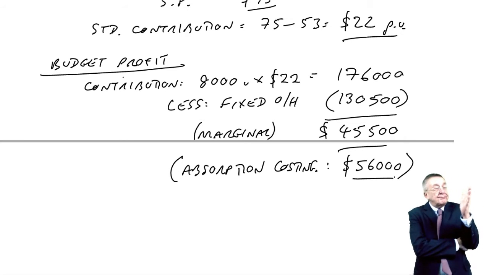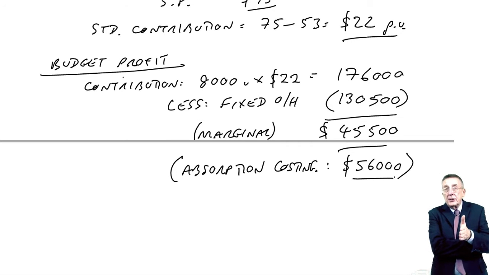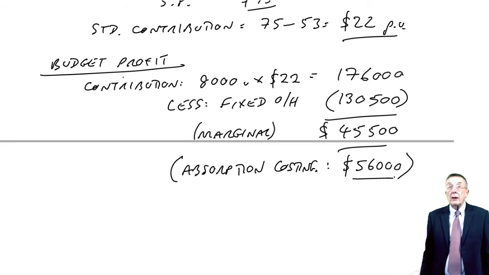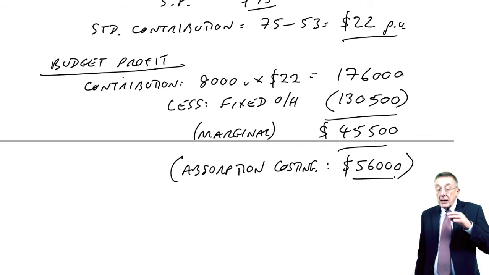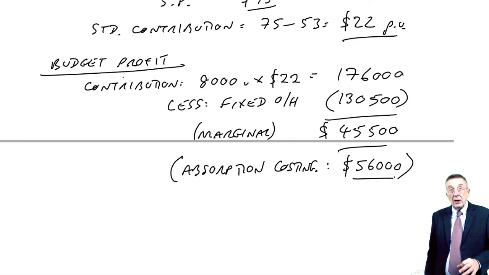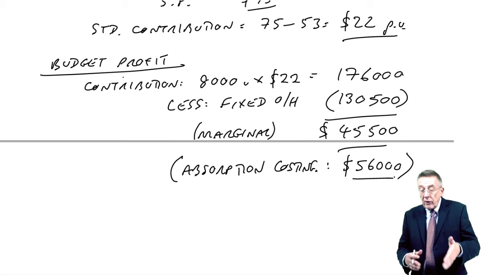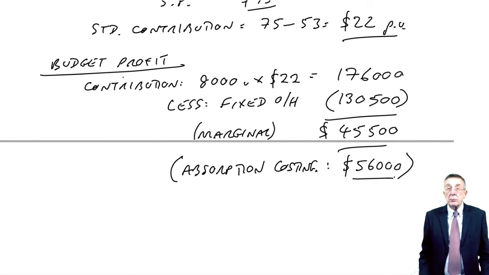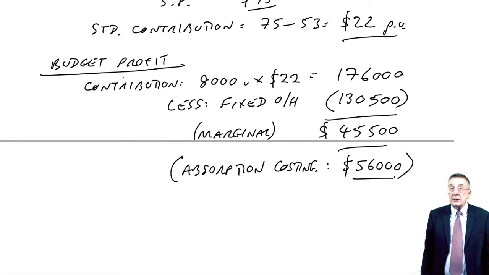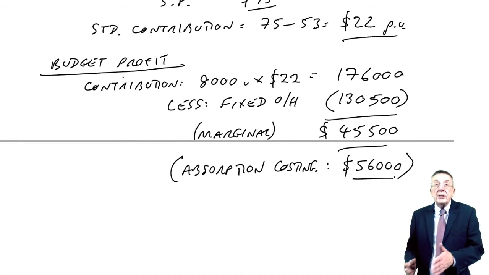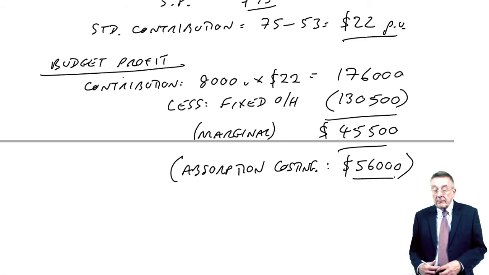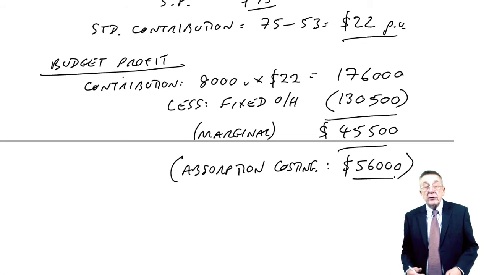Now, I say again, this has absolutely nothing to do with variances at all. You should be happy already about the fact that marginal and absorption costing will give different profits. It's not a question of that's right, that's wrong. They do give different profits. We're not doing financial accounts. It's up to the management accountant, to the company, to decide which method they find more useful. And why do they give different profits?